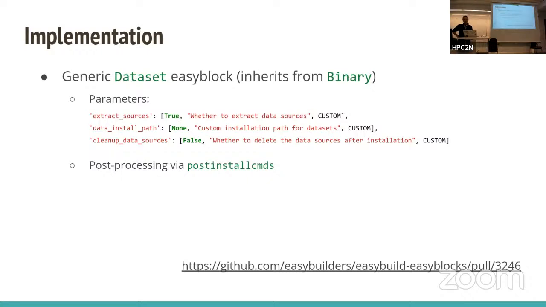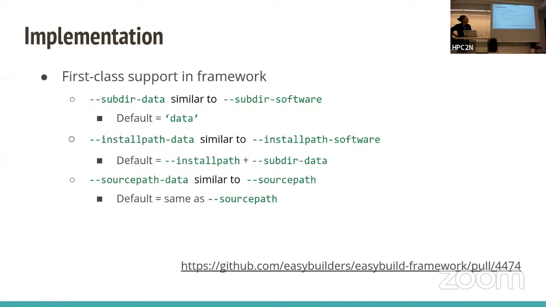Yeah. You can also do that globally, with the options that I added here. So similar to subdir software, you can have subdir data, installpath data, similar to installpath software, sourcepath data, and so on. That's what you want, right? Exactly what they asked. Okay.